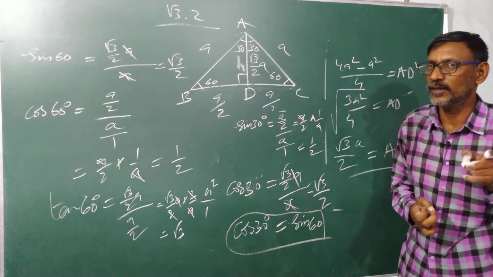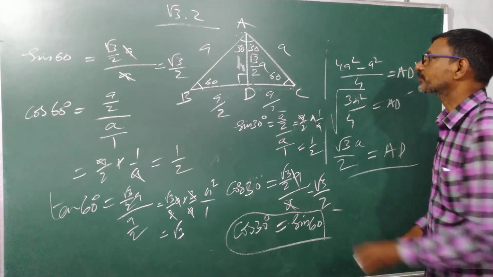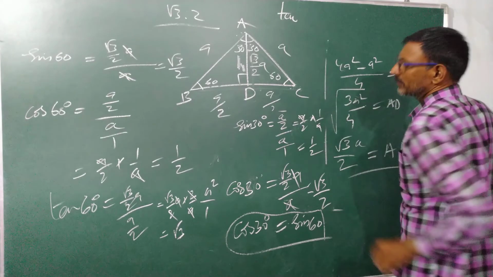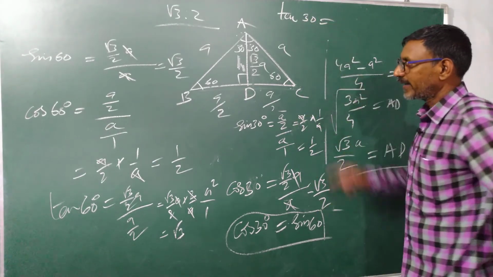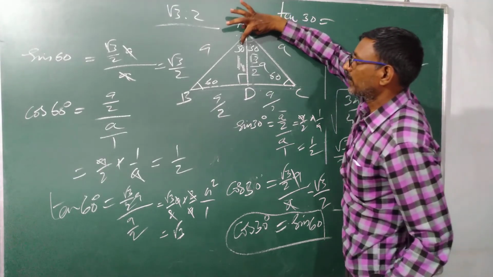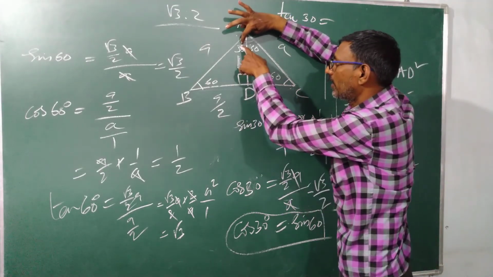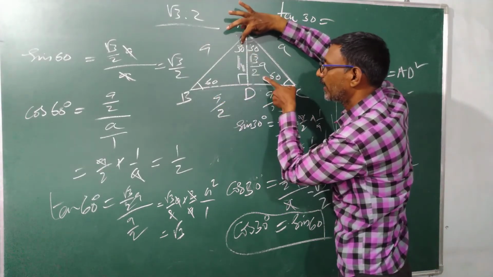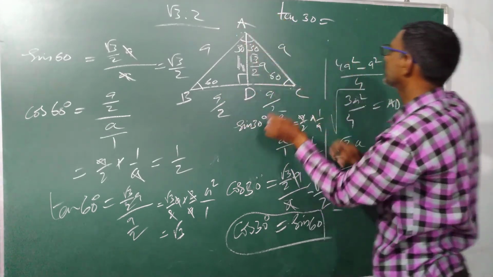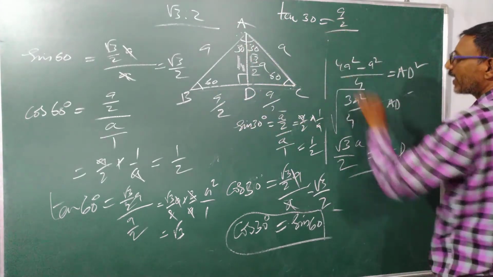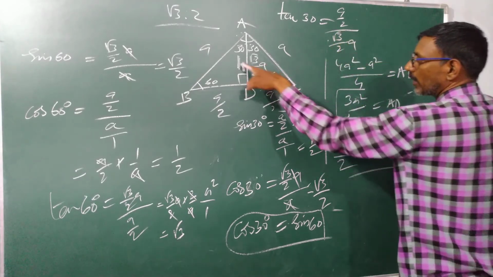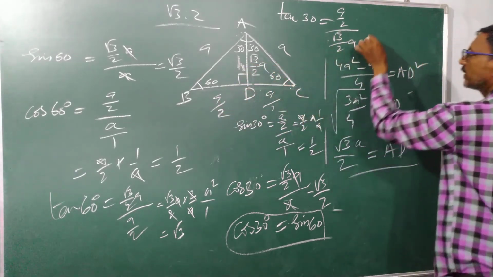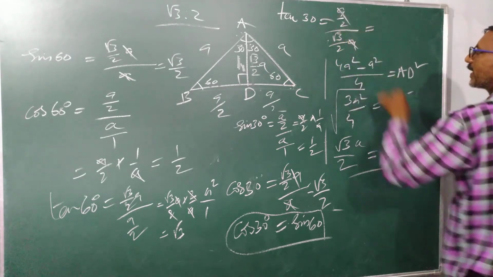But the last one, tan 30 degrees. Opposite side by adjacent side. Opposite side A by 2, divided by root 3 by 2A. A gets cancelled.